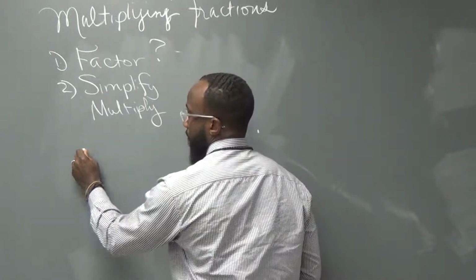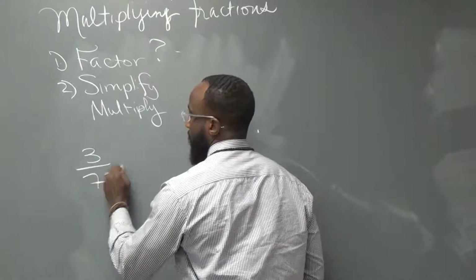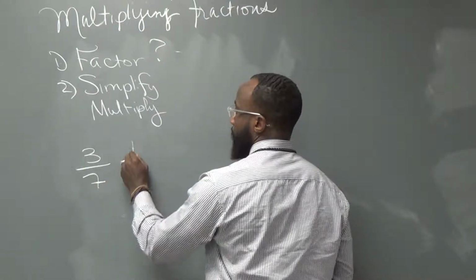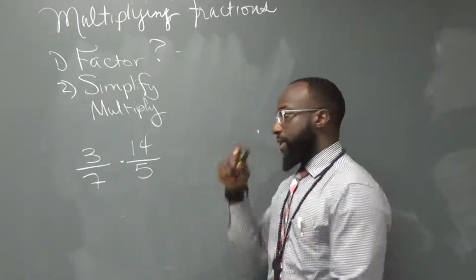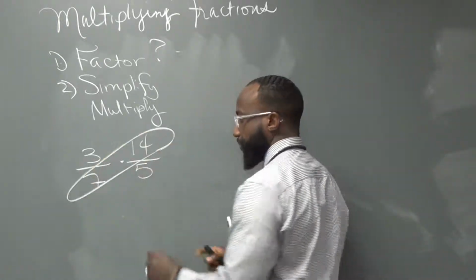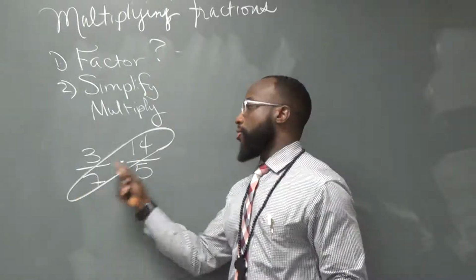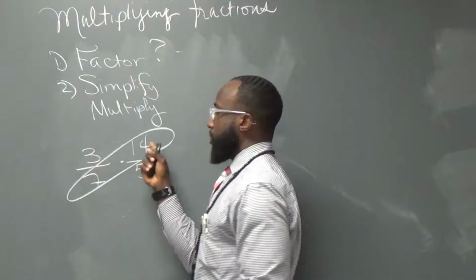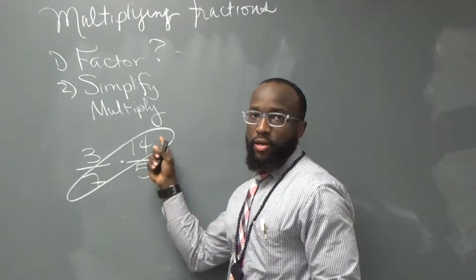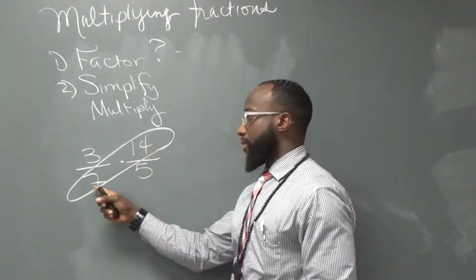So for instance, if you had something like 3 over 7 times 14 over 5, you can simplify this because of the numerator and the denominator. You can cross simplify. I don't know if that's the correct term, but there's a greatest common factor between the two, and that's 7.